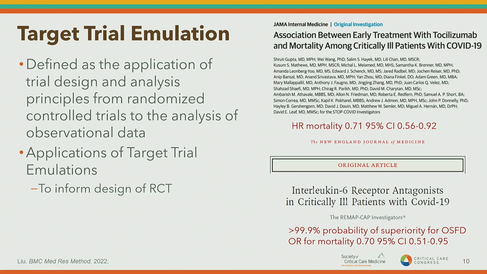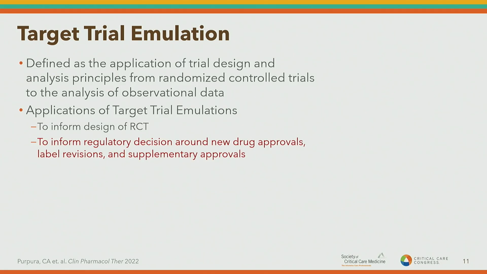Both found a benefit to tocilizumab, but if you look at the odds ratio for mortality, which is a secondary outcome in the REMAP trial, you'll see it is very similar to what was seen in the STOP-COVID investigators using real-world data.